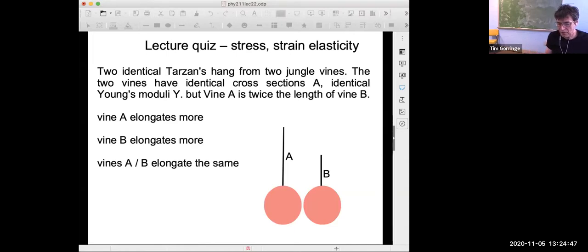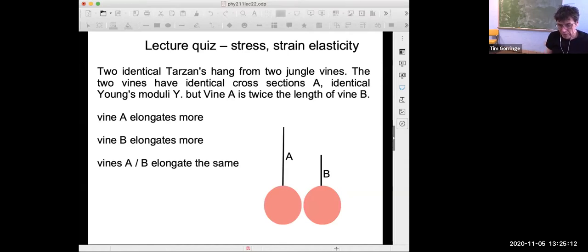So let's just go through that. The force F is the same, A is the same, Y is the same. Only the length is different. And so this is a question about how the elongation depends on the geometry, specifically how the elongation depends on the length.